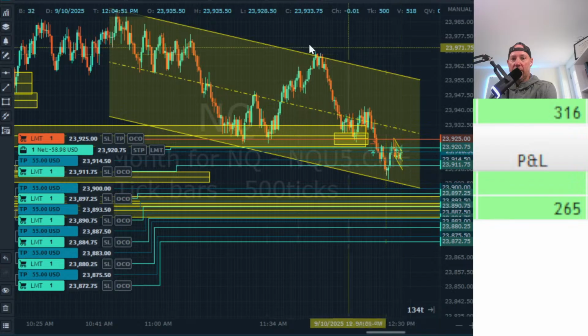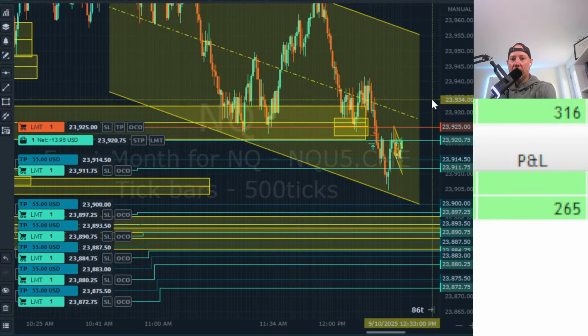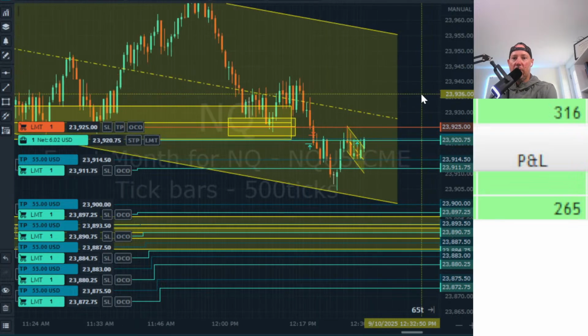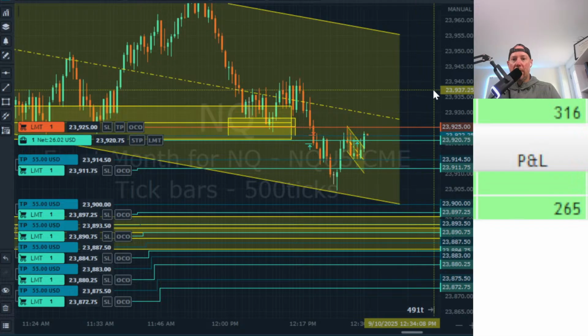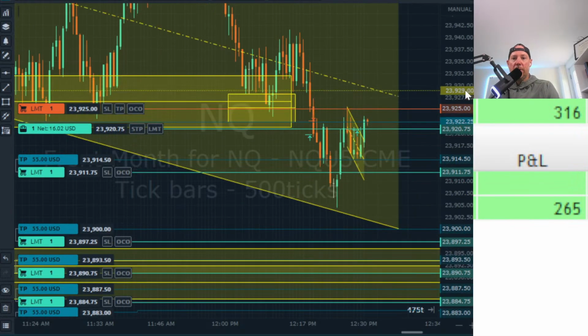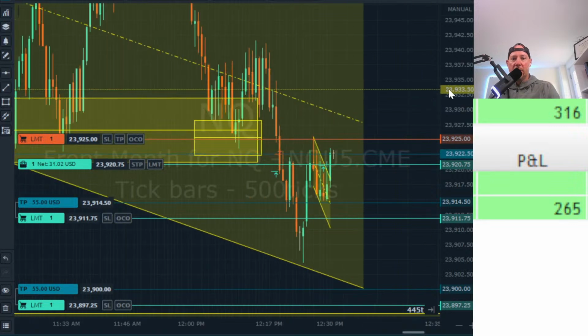Might have entered too soon, but I mean, we're in this downtrend, kind of going against the trend here, but we're having this small bull flag here. I figured maybe we can get a little bit of a bounce. All right, looks like we're getting some bounce, but it's such a small trade. Like, come on, just give me a little more.